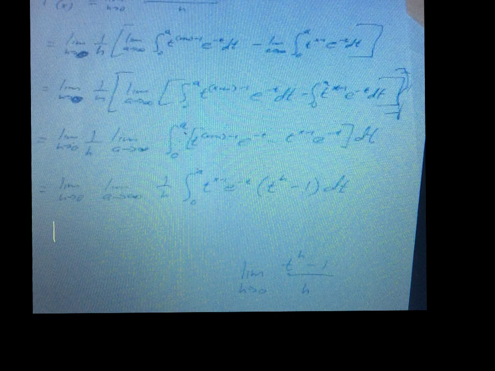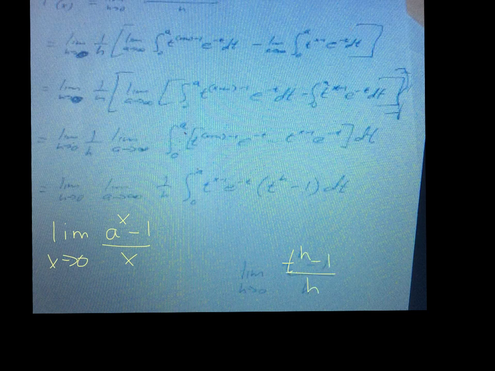if we put this in more general terms, if we have the limit as x approaches 0 of a to the x, which is sort of the general term for any exponential, minus 1 over x, which really mimics this t to the h minus 1 over h, right?